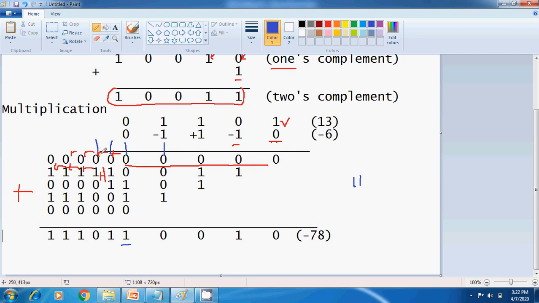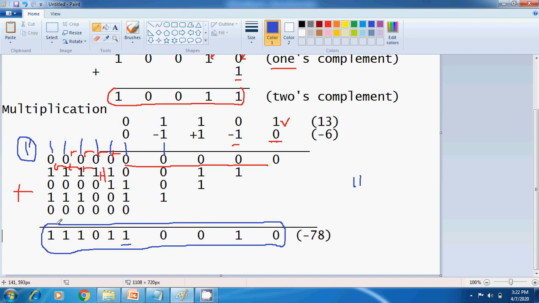So a carry will be generated as a 1. 1 plus 1 plus 1, carry generated as again 1. 1 plus 1 plus 1, carry generated as again 1. 1 plus 1 plus 1, and the carry generated as a 1, which is to be discarded. So this would be the 2's complement form of -78.